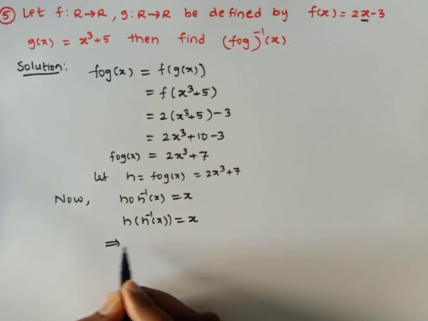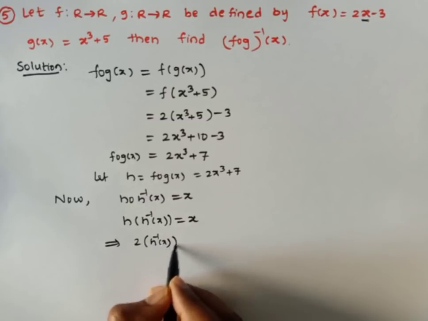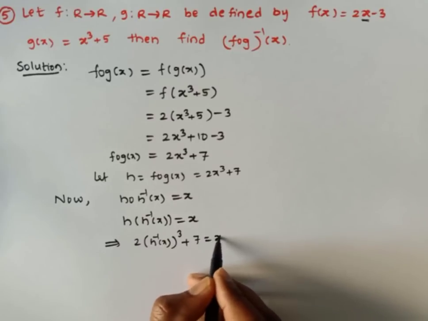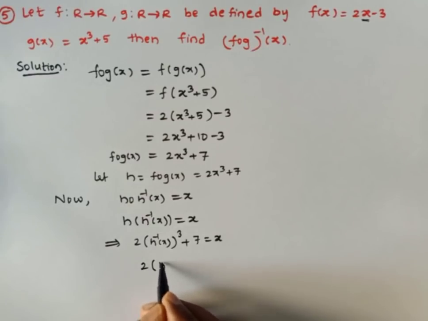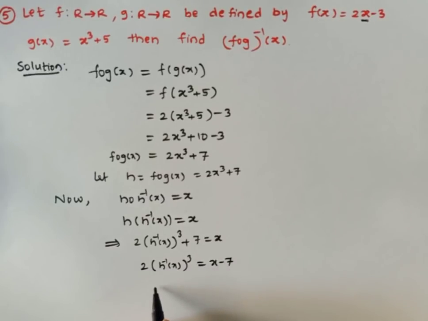So this is 2 into h inverse of x whole cube plus 7 is equal to x. Now try to simplify this, right? So 2 into h inverse of x whole to the power of 3 is equal to x minus 7, and so h inverse of x whole to the power of 3 is x minus 7 by 2.